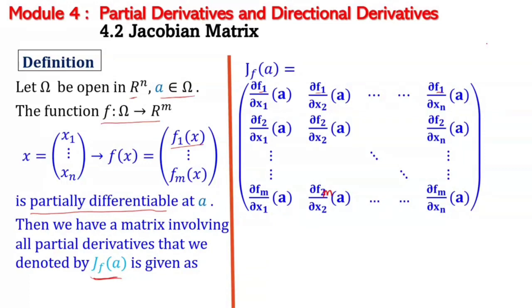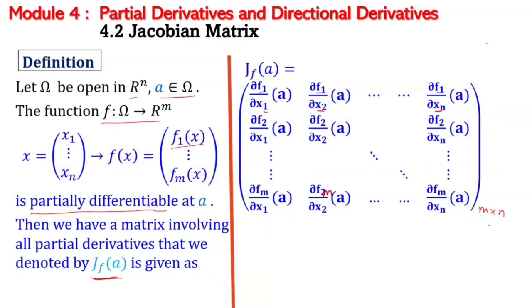So what we are getting here, the rows will be f1, f2, fm, so that is m rows. And how many columns? The columns are x1, x2, xn, so n columns.